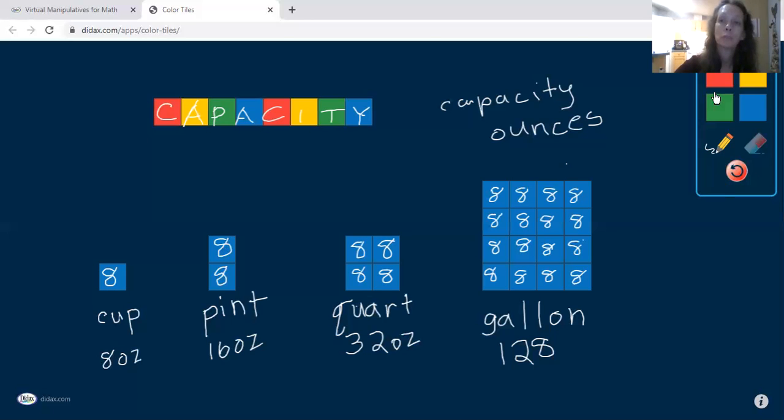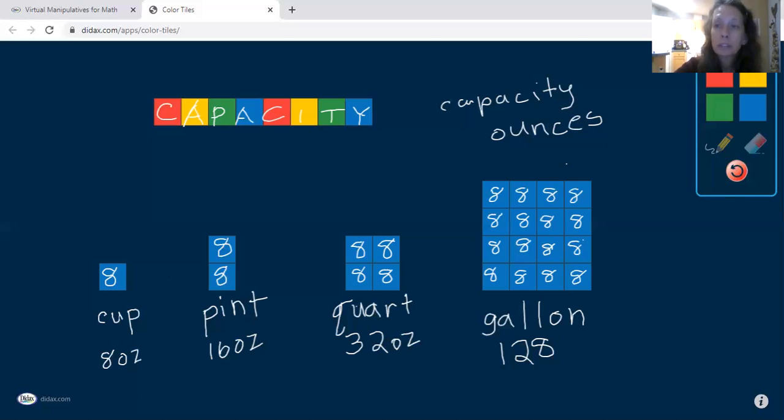There's 2 cups in a pint. And how many cups are in a quart? 1, 2, 3, 4. And how many cups are in a gallon? 16. 16 cups in a gallon.